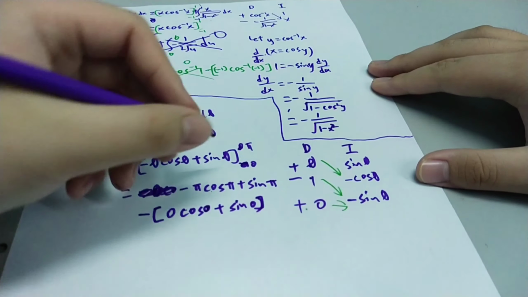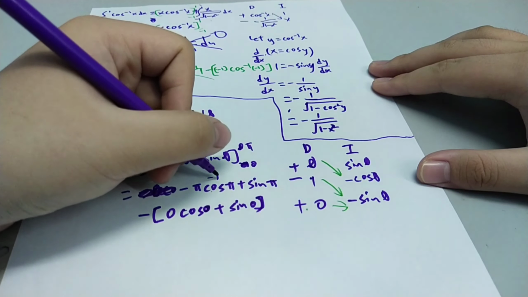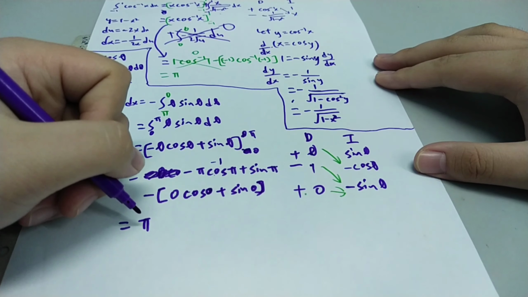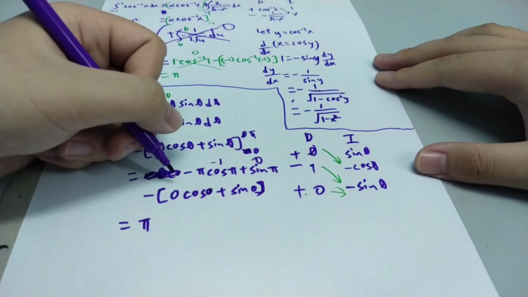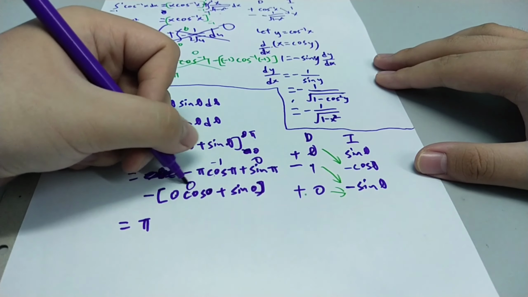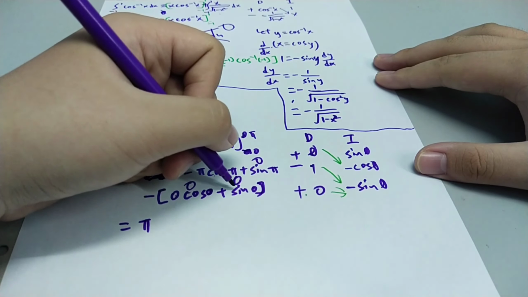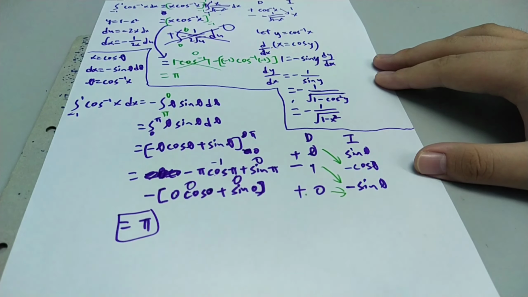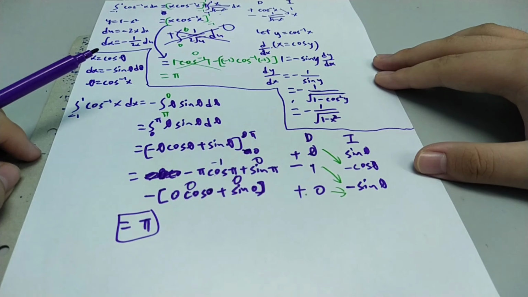Now cosine of pi is equal to negative 1. Negative 1 times negative pi is equal to pi. Sine of pi is equal to 0. 0 times cosine of 0 is equal to 0. Sine of 0 is equal to 0. So our answer is equal to pi, because the rest of it is just equal to 0.